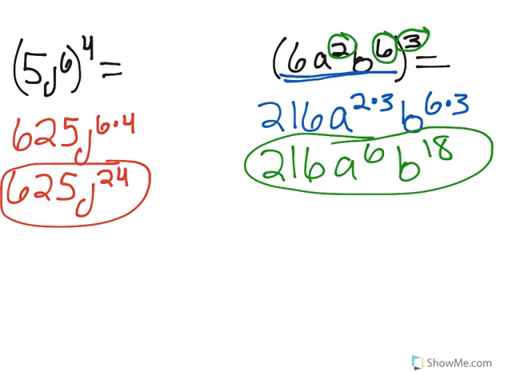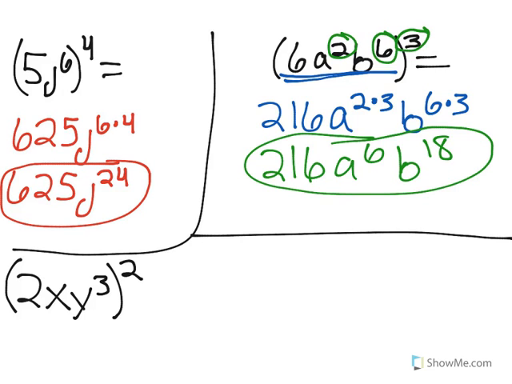Now, before we go further, I want to make sure I point out, let's say this example we have in the bottom left. I wanted to do this real fast because I realized I want to make sure we understand the difference too. Notice, if everything on the inside is to the 2nd power, that means 2 to the 2nd power, 2 times 2 is 4. But now notice, x doesn't have an exponent. If x doesn't have an exponent, it's technically a 1.